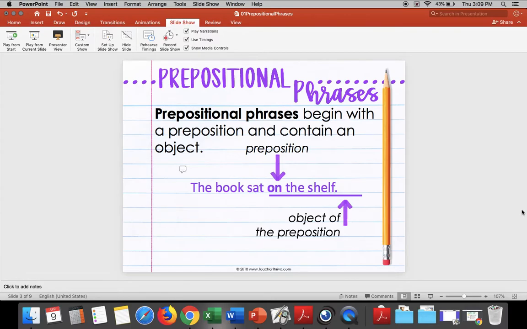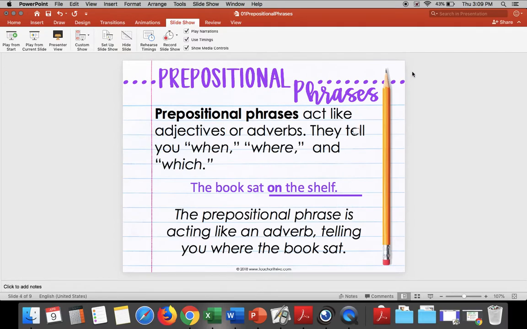So in this example, the book sat on the shelf. On is my preposition. On the shelf would be my prepositional phrase because it's telling me where the book is located. Prepositional phrases act like adjectives or adverbs. They tell when, where, and which.